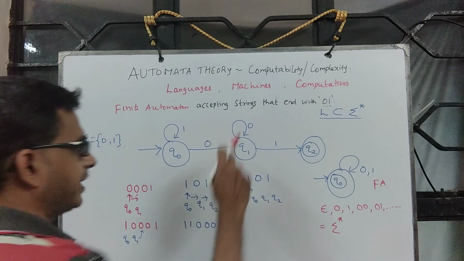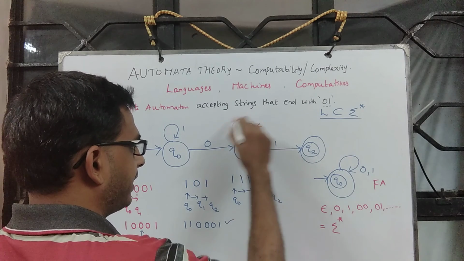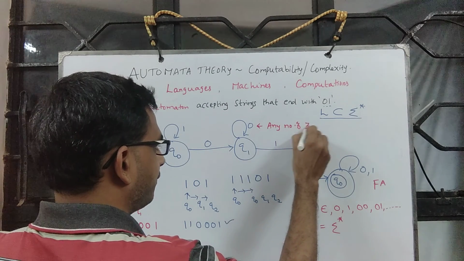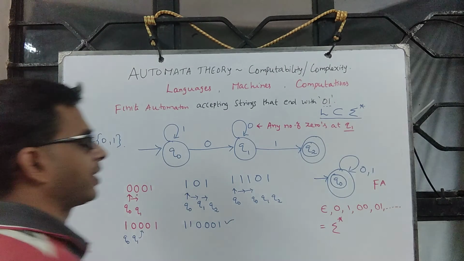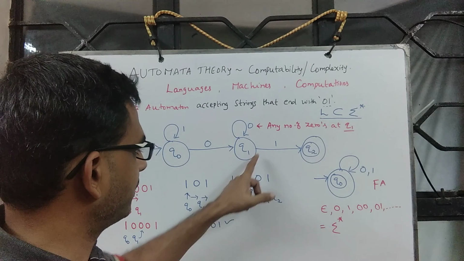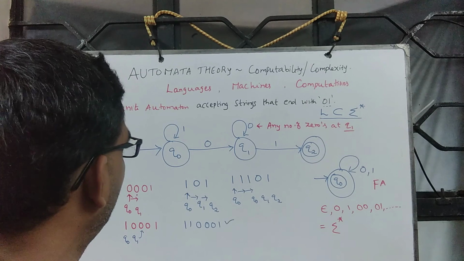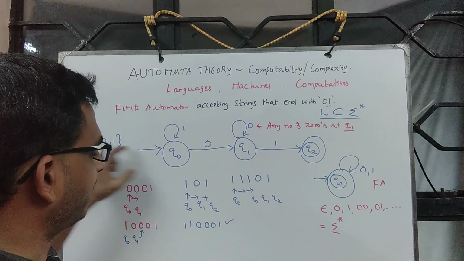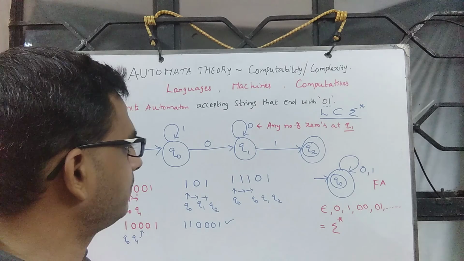So when we say there is a loop at this, it can read any number of zeros at Q1. But when we say a transition like this, then it is just 1, 0. When we say a transition like this, it is just 1, 1. That's it. Now with respect to this, 0 is defined, 1 is defined. With respect to this, 0 is defined, 1 is defined.